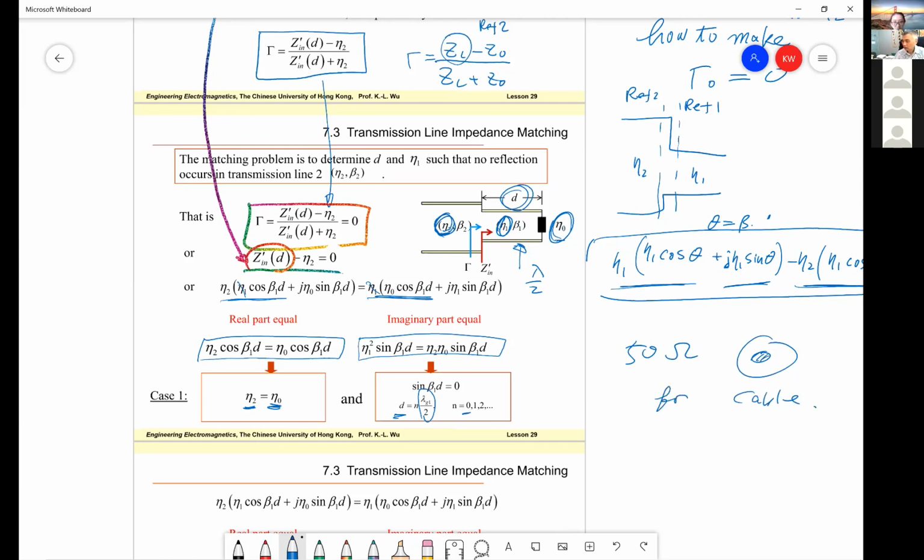However, your load will change arbitrarily. So this solution is not convenient.